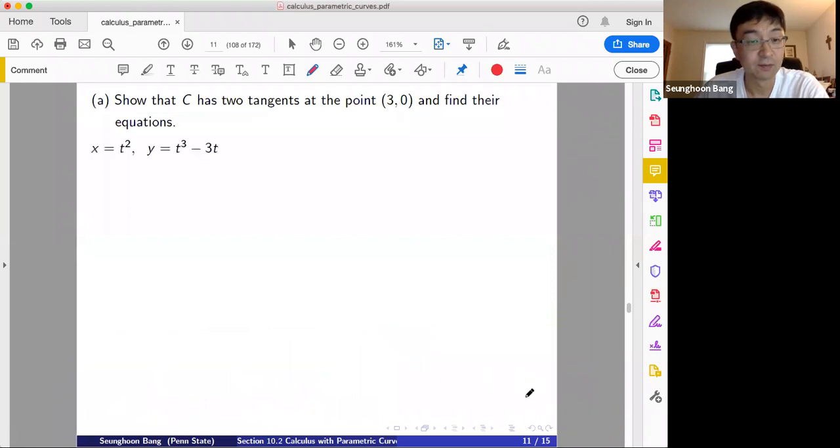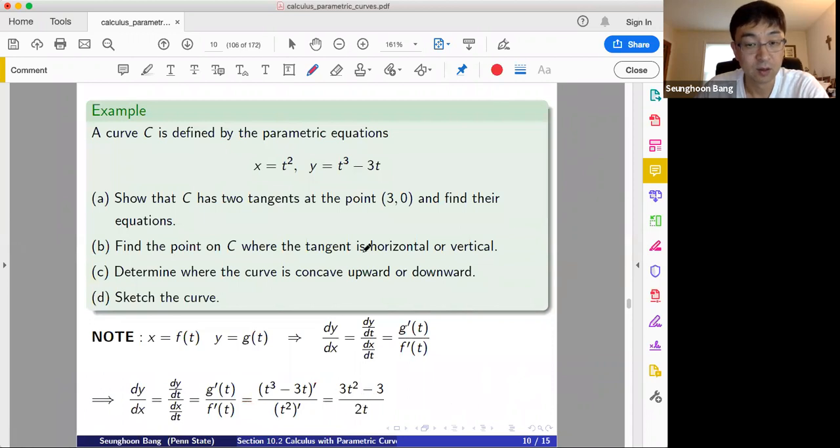The next tip: for points like (3, 0), you can find the corresponding t value. The 3 is the x value and 0 is the y value. How can you find the t value? Plug 3 into x, so 3 equals t squared. Plug 0 into y, so 0 equals t cubed minus 3t. What's t?